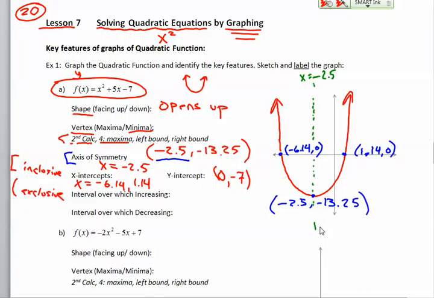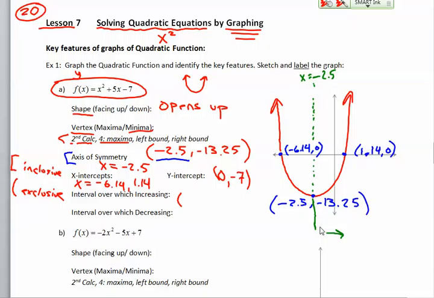So the interval over which this graph is increasing, that is from my vertex going right, is the place where as my x increases, my y increases. So that is the interval I'm going to describe here. I'm going to use a parenthesis on the left because I'm going to use the exclusive sign.